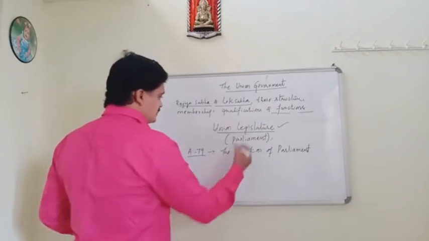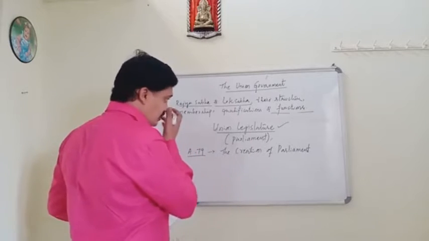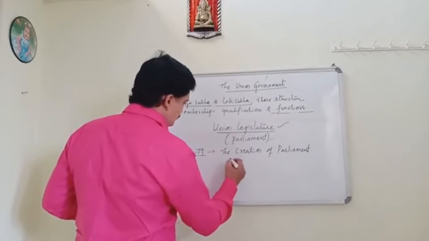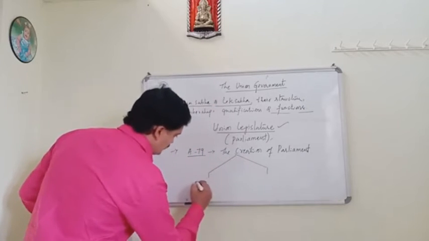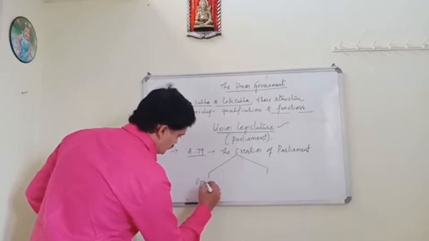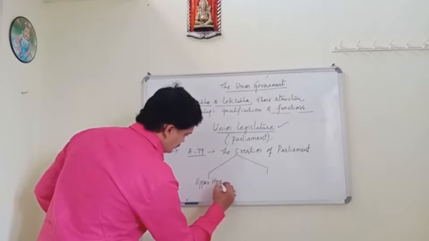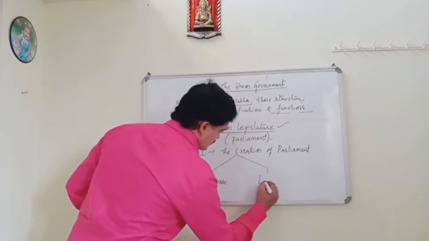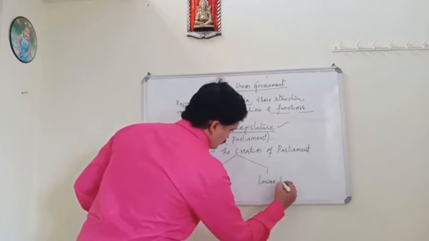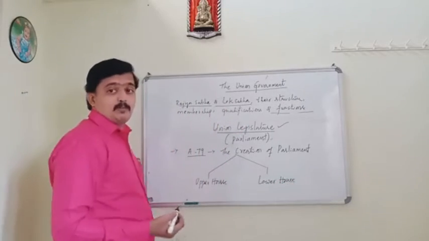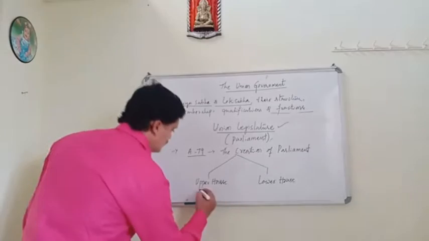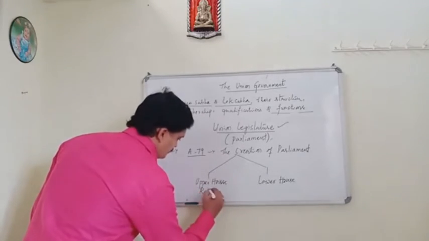And this union parliament or union legislature has two houses. One is called the upper house, another one is the lower house. The upper house is Rajya Sabha.